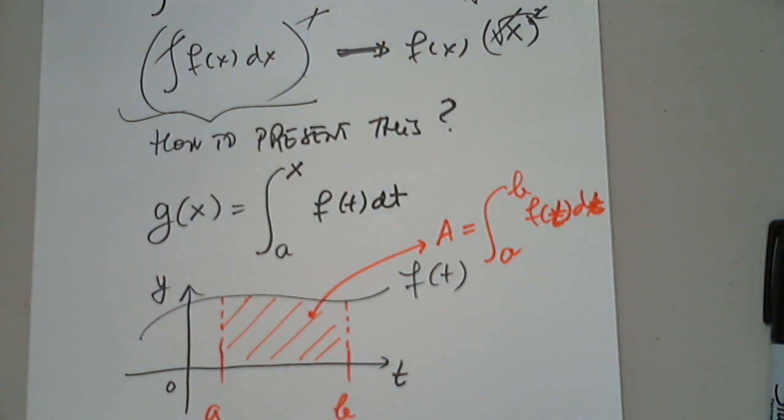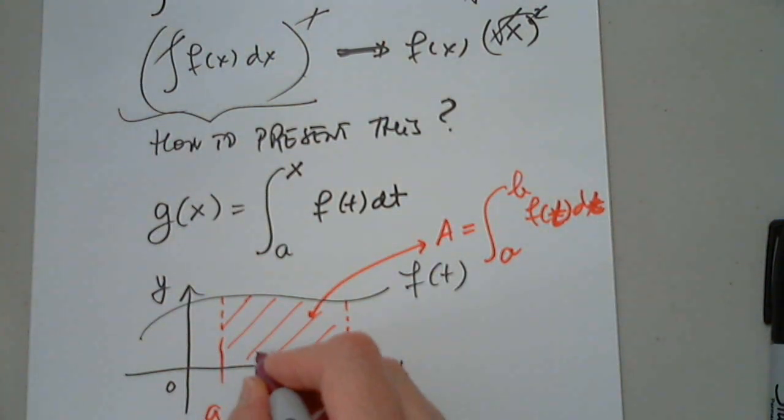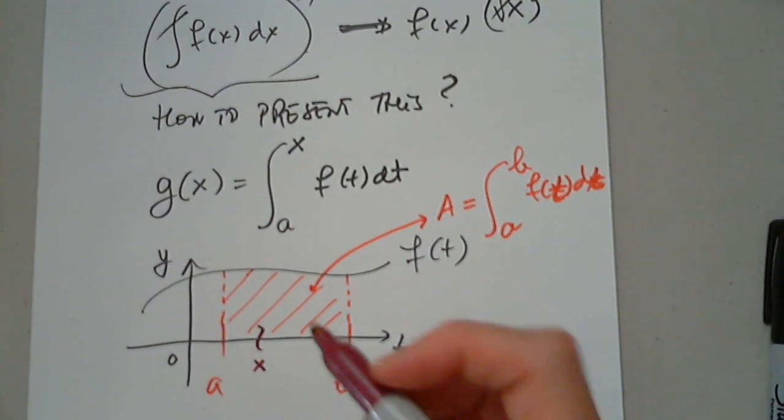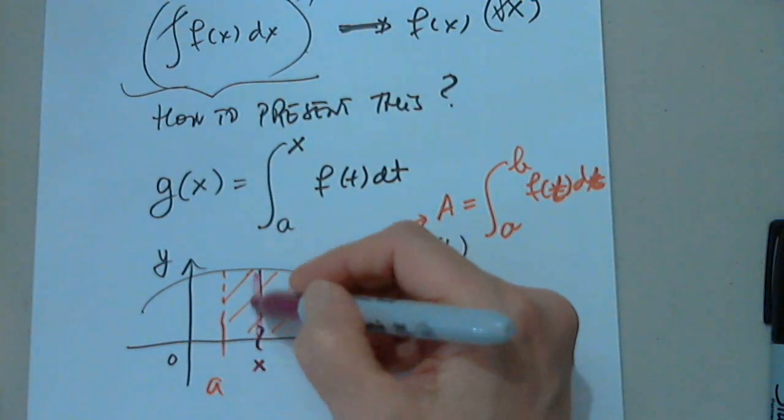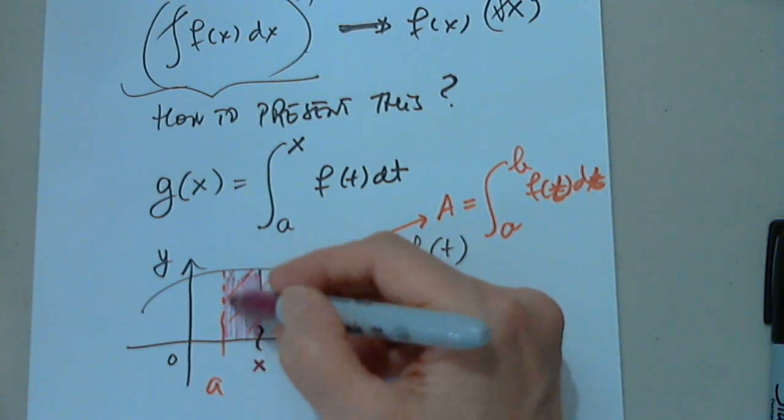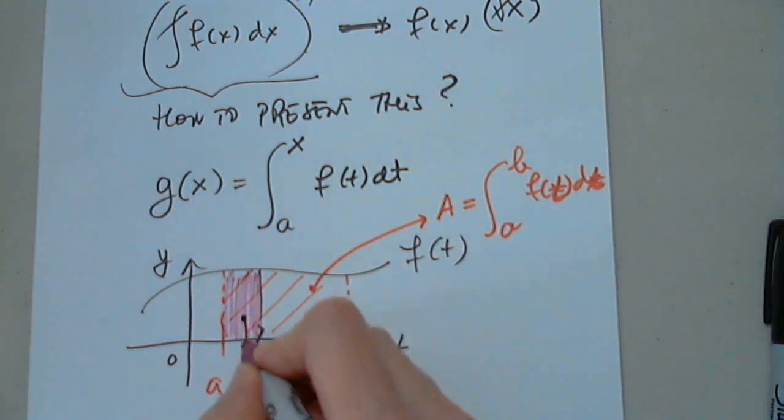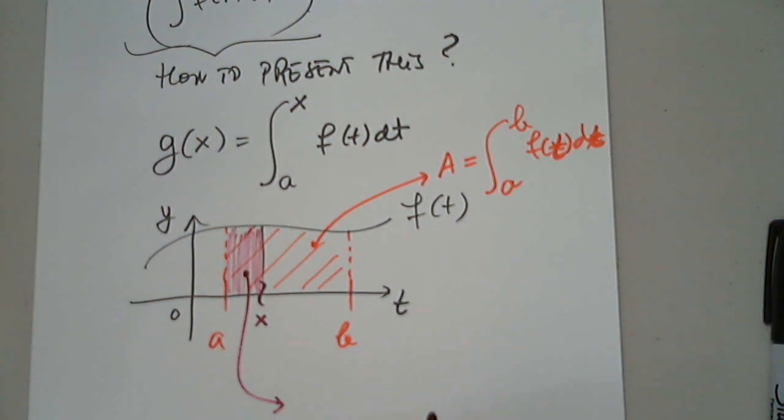Now, what if I have x here? Can anyone give us this area? Same, just a to x. Exactly.